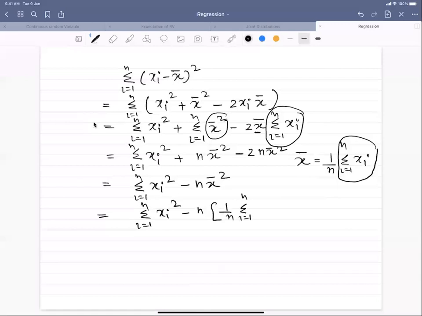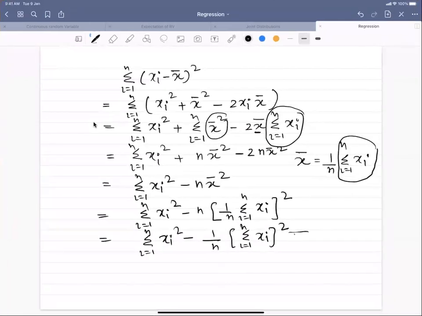Summation over i=1 to n of xi, whole squared. So that is the summation over i=1 to n of xi square minus 1 by n times the summation over i=1 to n of xi, whole squared. So that was Sxx. Similarly, it will be Syy, and for the cross term xy also.